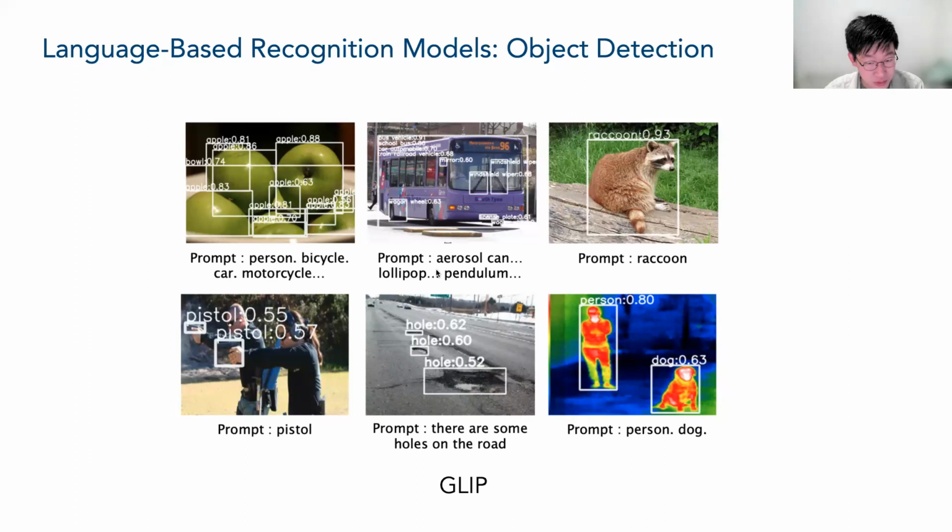You can also do it with a much larger vocabulary and much more diverse and rare words, like windshield wiper, wheels, license plate, raccoon, pistols, or even a sentence, like there are some holes on the ground. Because your pre-training dataset is now web scale caption data, you can also generalize to rare domains like thermal images.